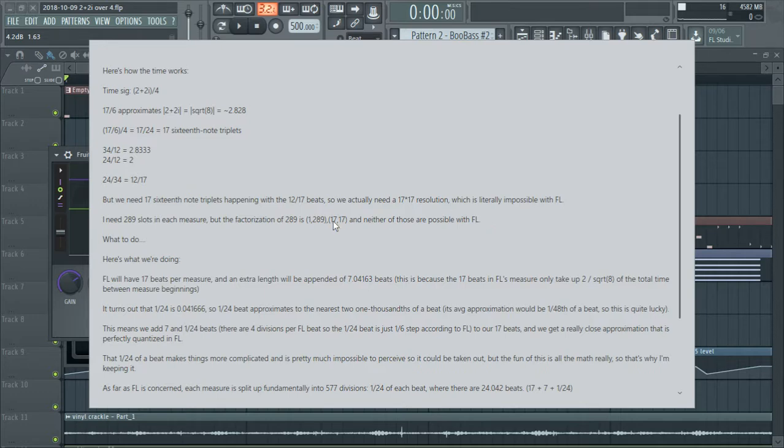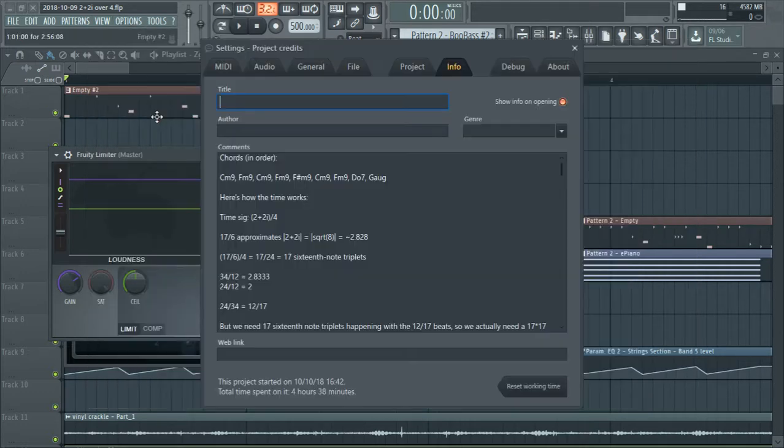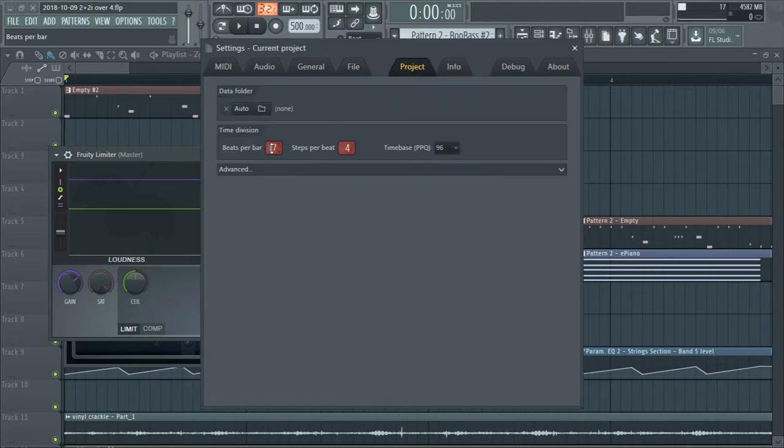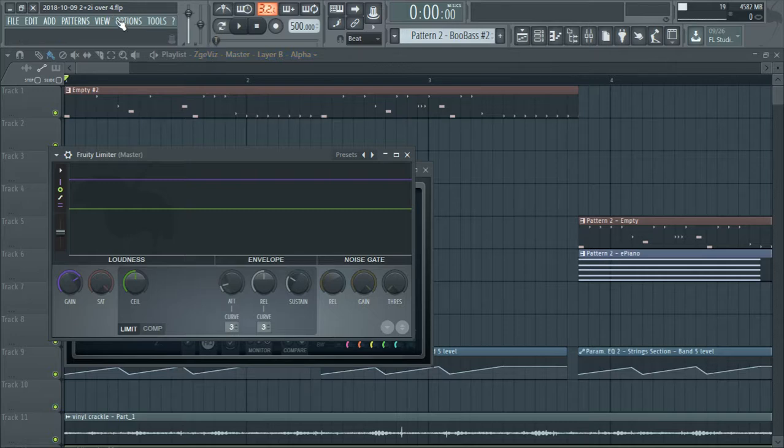So the only options are 289 or 17 by 17 for the way that this is divided. So we have beats per bar and steps per beat. I was trying to do 17 and 17, but the steps per beat can actually only go up to 16. It's one off, and it was really annoying, but that's what we had to do.